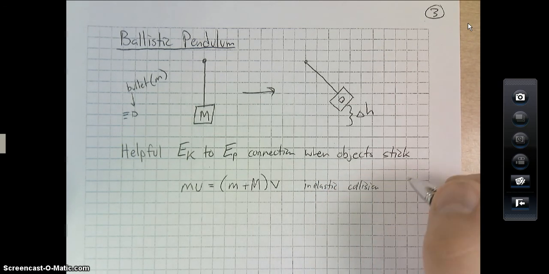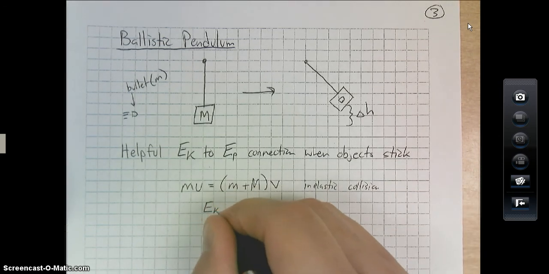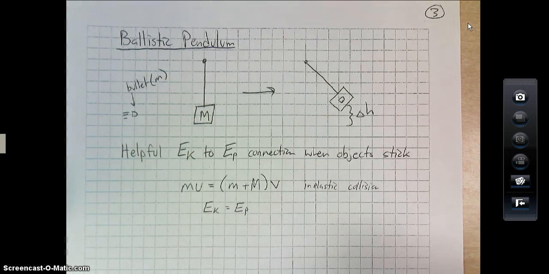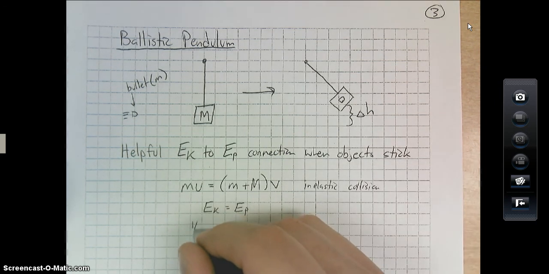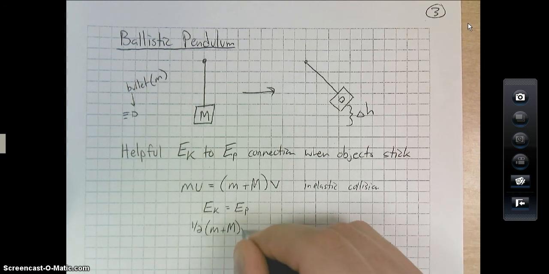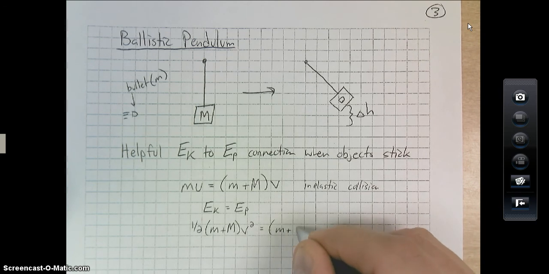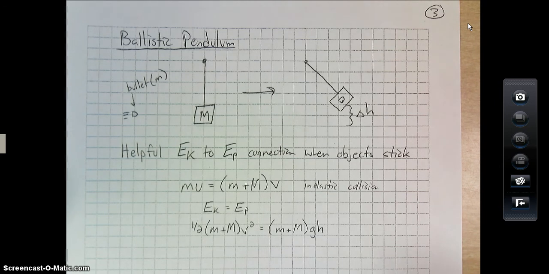Now, we do still have to have a conservation of energy, which in this case you'd have the kinetic energy of the bullet, and then it would transfer into gravitational potential energy of the block and bullet combo. Once they run into each other, your kinetic energy would be 1/2 (m plus big M) times their shared velocity squared, which would equal (m plus big M) times gravity times height.